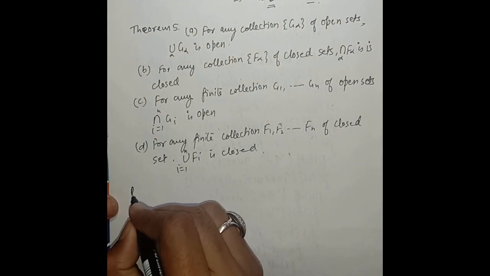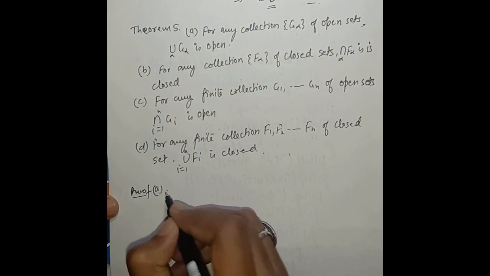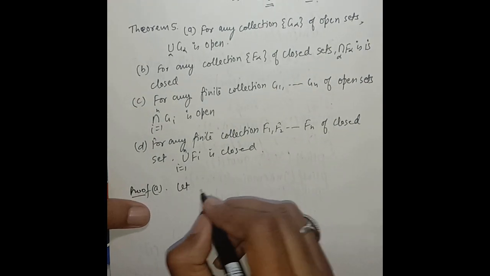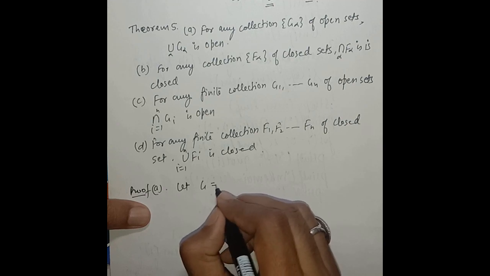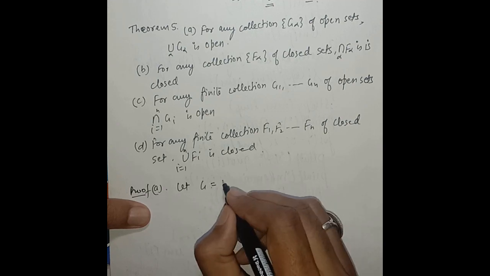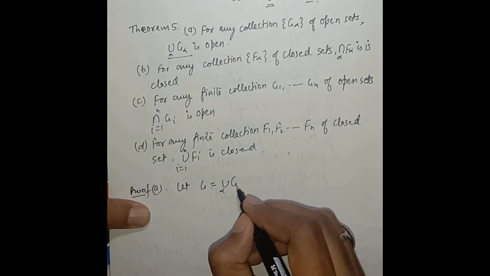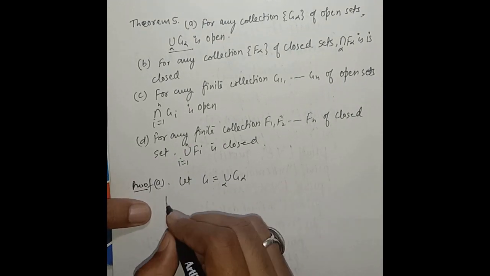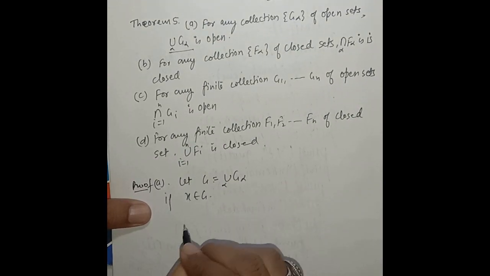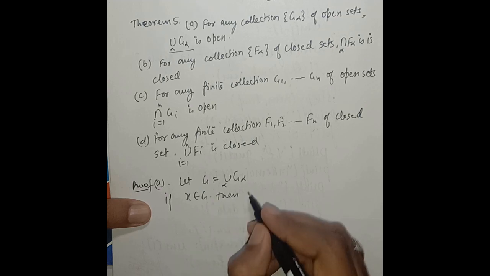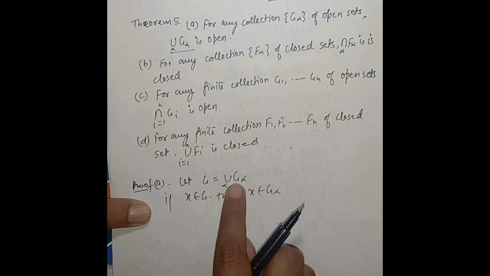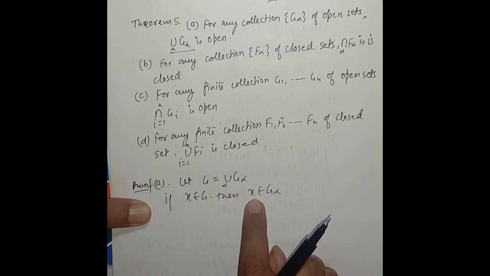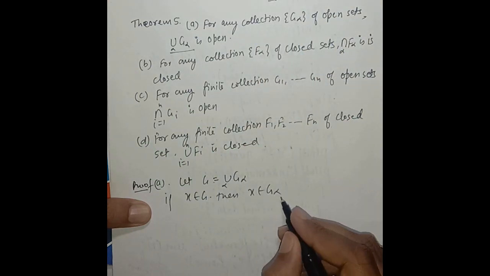The proof of part A: let G be equal to the union of G alpha, the union of the open sets. If x belongs to G, then x belongs to some G alpha, because G is nothing but the union of the G alphas.